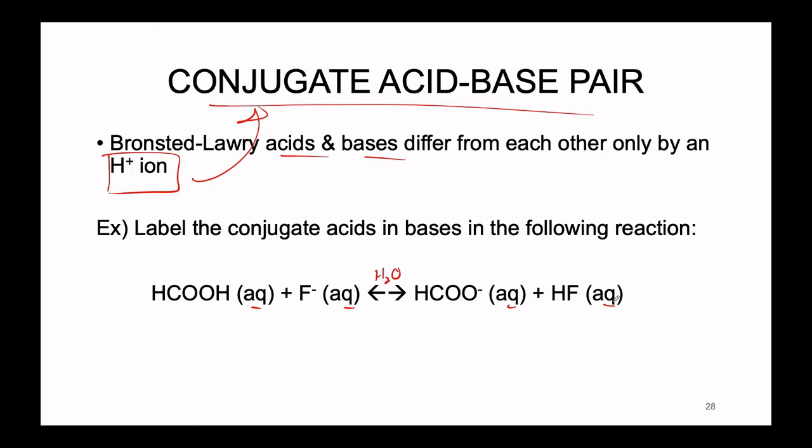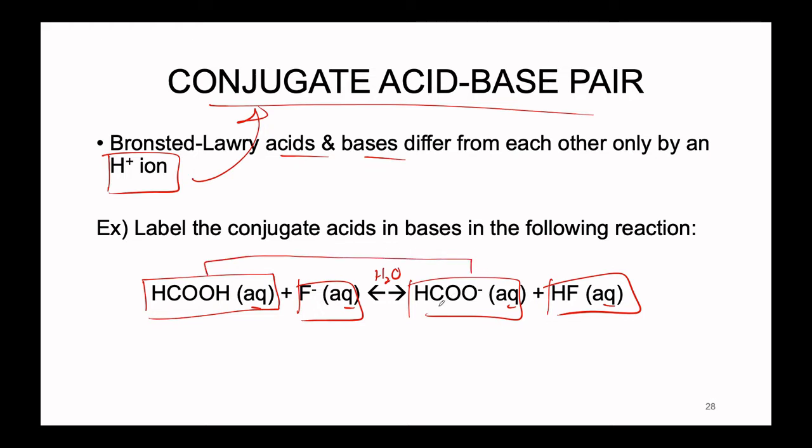Here now we're kind of mixing acids and bases, but we can partner each of the reactants with one of the products. And the way that we're going to partner these is, here we see the HCOOH. This is formic acid, is only one hydrogen different than this HCOO minus.